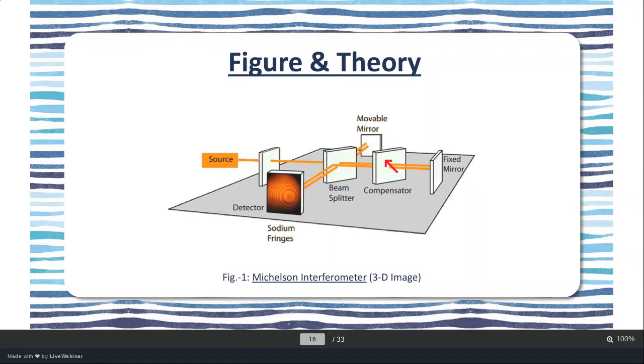And we have here the compensating plate, and when these light waves come back and interfere with each other, they are deposited here at the detector, and we can see these fringes, for example, sodium fringes.